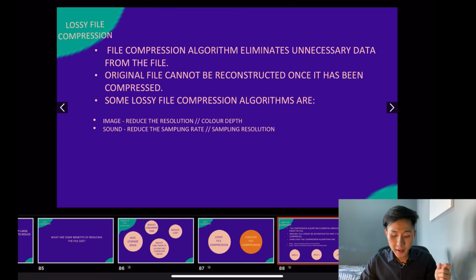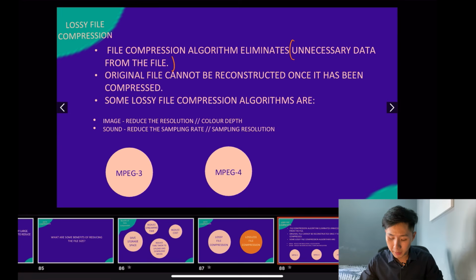It is an algorithm that eliminates unnecessary data from the file. And one setback of it is that the original file, once you have compressed it, cannot be reconstructed, all right? And some of the lossy file compression algorithms that we'll learn are MP3, MPEG-4, MP4, and also JPEG.